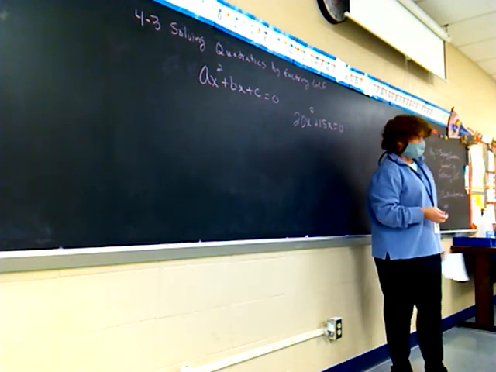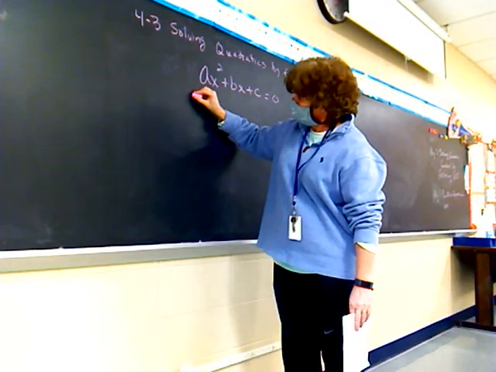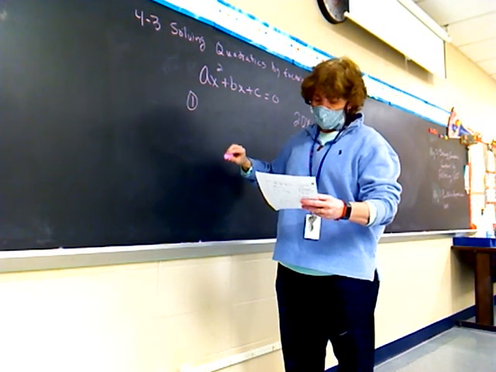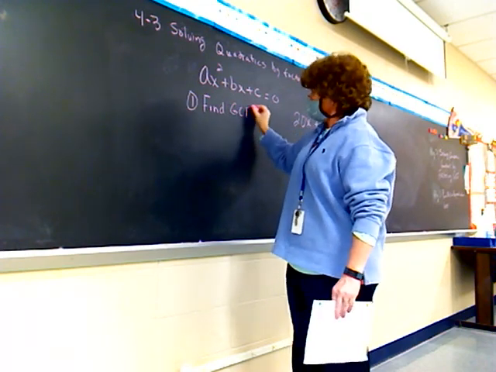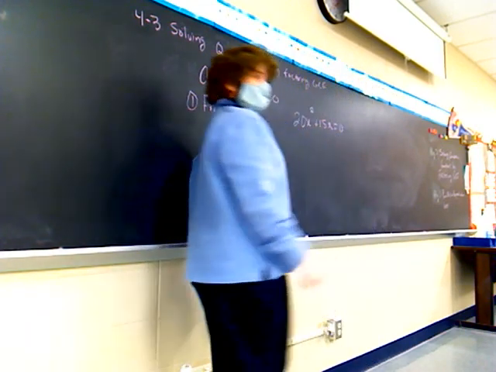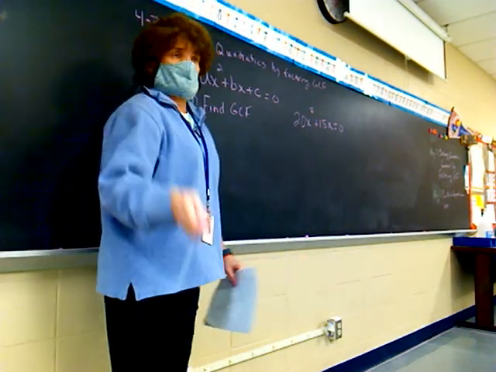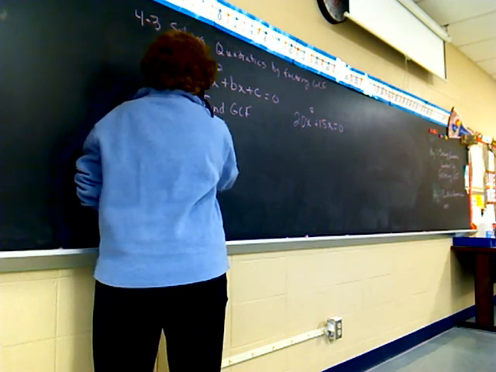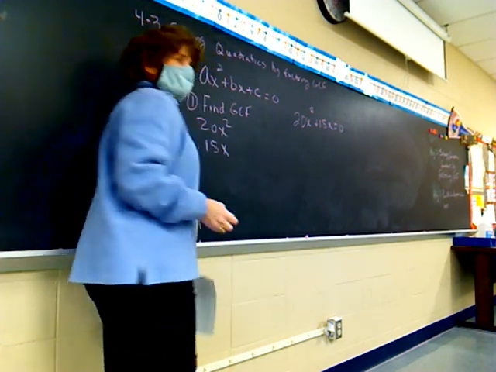And I've got it listed out in steps. So the first thing you're going to do is find the greatest common factor between these two terms. What's the biggest number that goes into both of them? So I've got it written out over here to show you, and those of you at home. So I've got a 20x squared, and I've got a 15x.